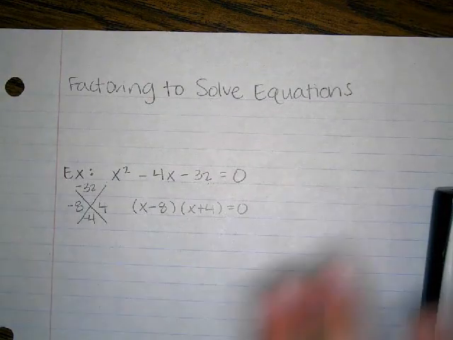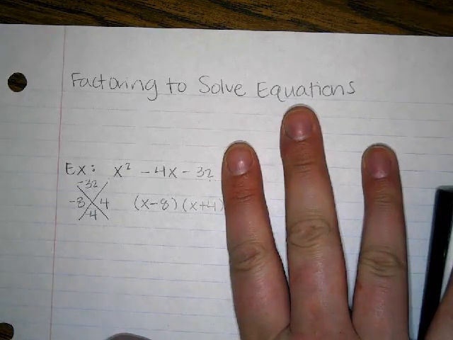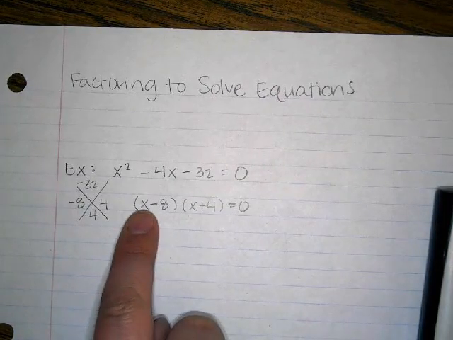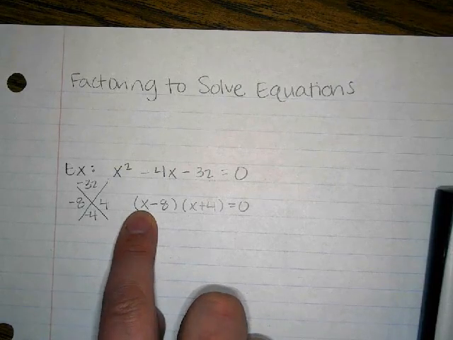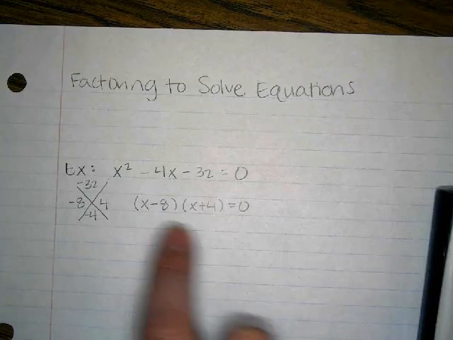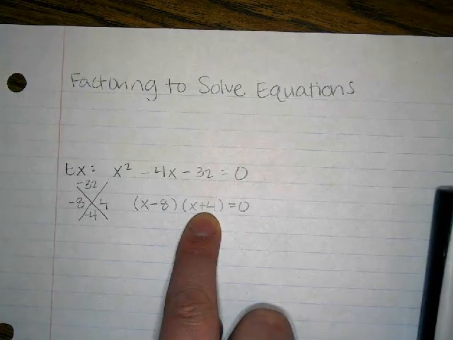So in the factored form, if we were only factoring like we had been doing, we would have written the problem like this, we would be done. Now, when you're solving an equation, you say, if I was to plug a number in for x, then plugging a number in would make this whole set of parentheses equal one number. And plugging a number in here would make this whole set of parentheses equal one number.